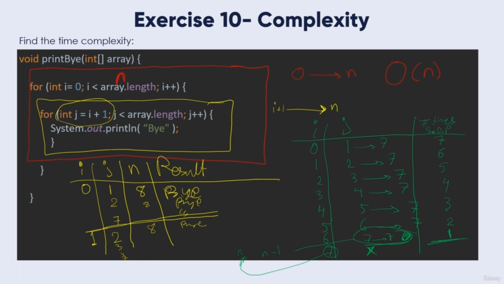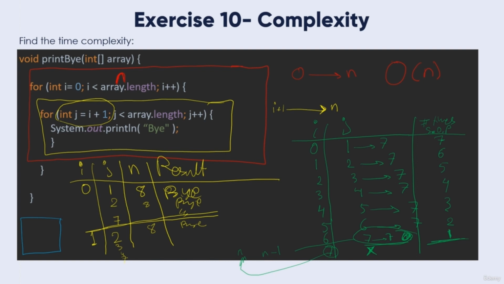Okay. In an ordinary nested loop, where i equals 0 and i is less than n, and j equals 0 and j is less than n, we are executing n squared.